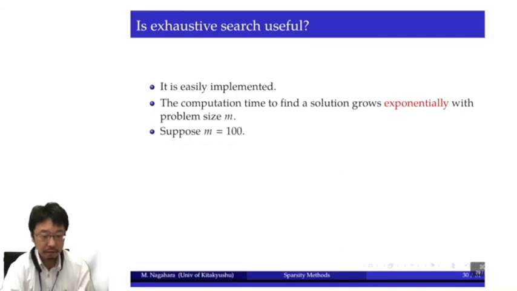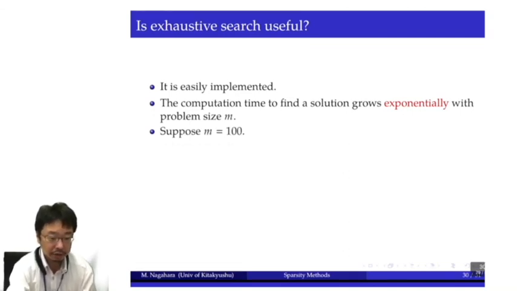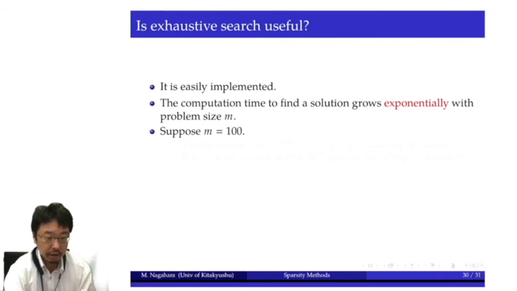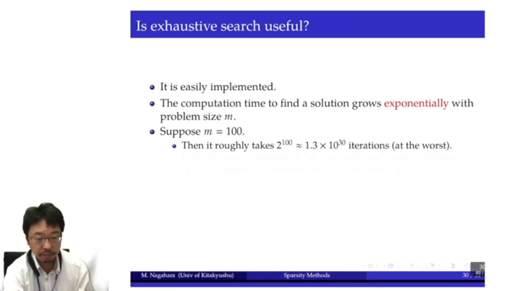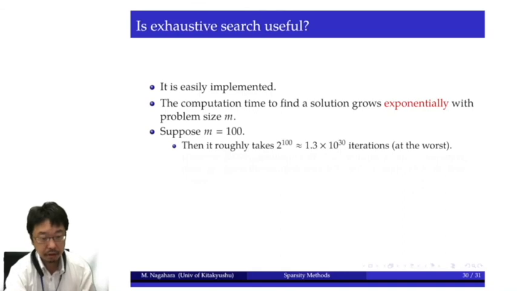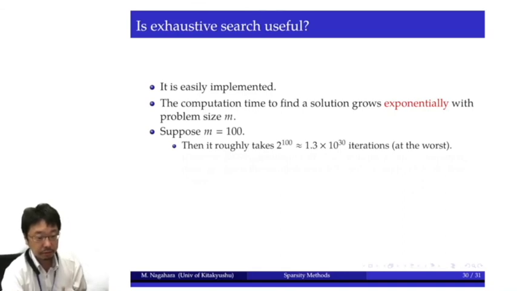For example, suppose m is 100. Then it roughly takes 2 to the power of 100, which is approximately 1.3 times 10 to the power of 30 iterations at the worst case.